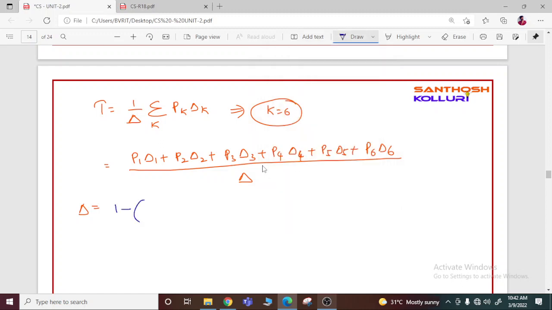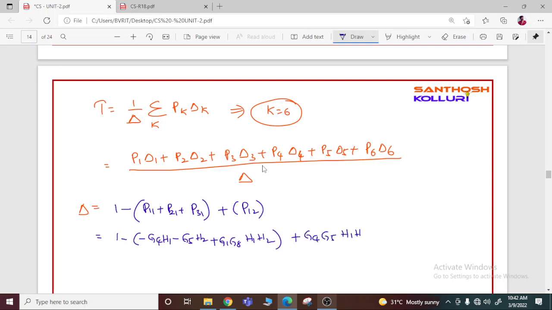So it can be written as 1 minus the individual loop gains, here P11 plus P21 plus P31, and plus all the combinations of 2 non-touching loops, only P12. So that can be written as 1 minus G4H1 minus G5H2 plus G1 G8 H1 H2, and P12 is here G4 G5 H1 H2.